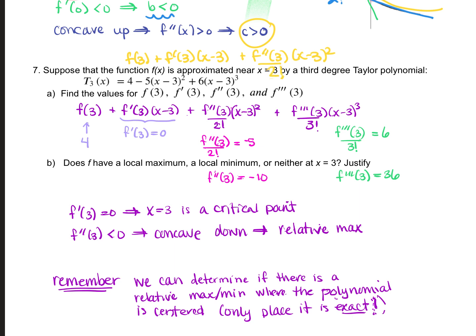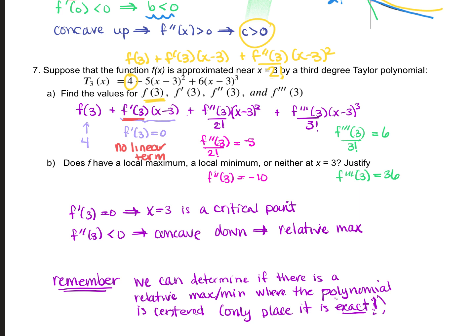All right, so f of 3 is going to be 4. That's the constant. The next one we look at is f prime. So f prime of 3 is going to live right in front of the linear term, but there's no linear term. So we know that f prime of 3 has got to be equal to 0.